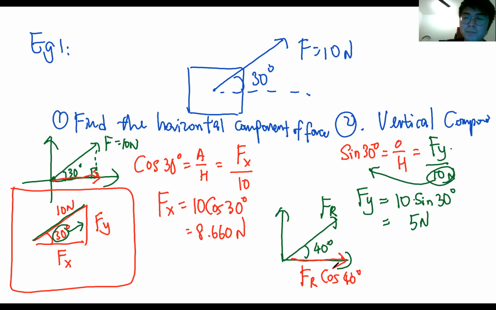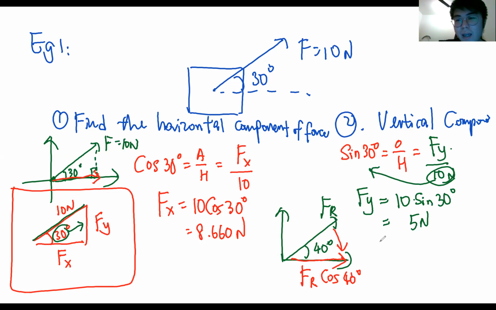Think of it like this: if you take Fr cos this angle, it is like pulling the line down so that it balances horizontally. So this one is the horizontal component of the force. Whenever you want to find the horizontal component, just take Fr cos the angle.